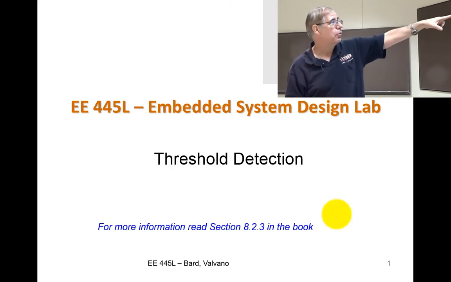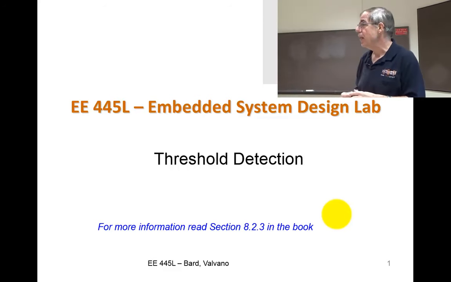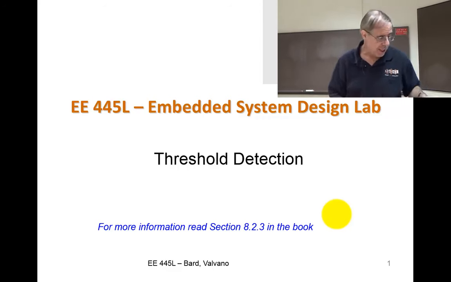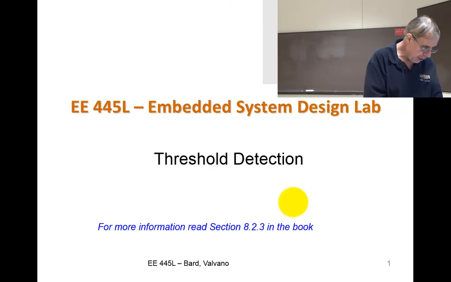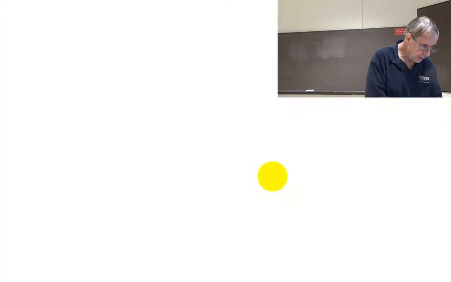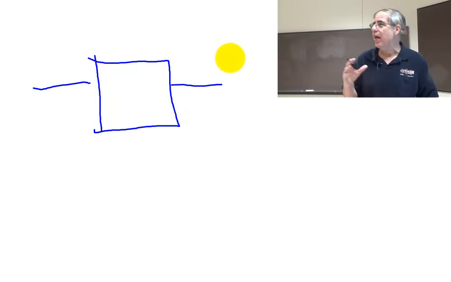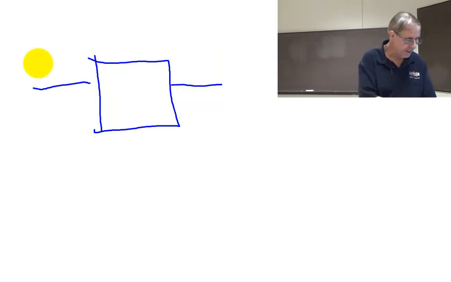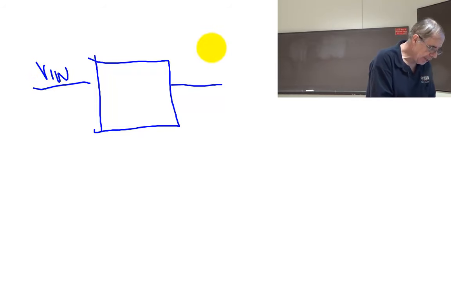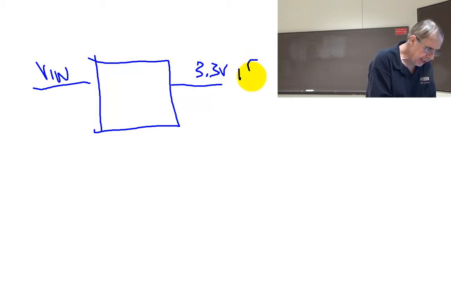In particular, we're going to use an OpAmp in a mode called threshold detection. So I'm going to have a signal which comes into a module, and then I'm going to have a binary output. If this is my input, I'm going to have a 3.3 volt output if Vin is greater than some constant.